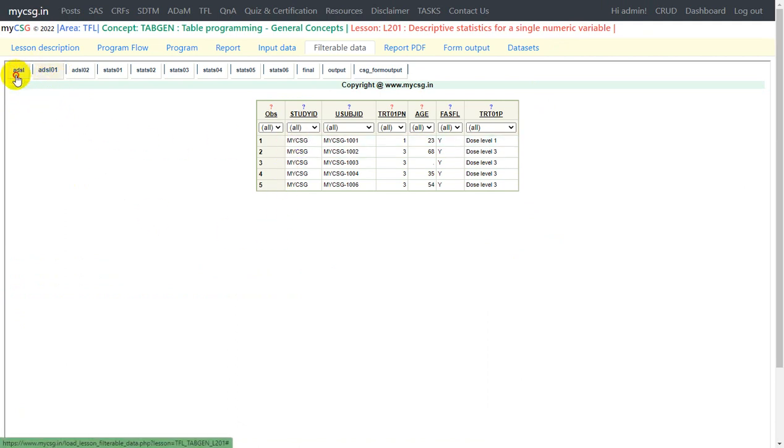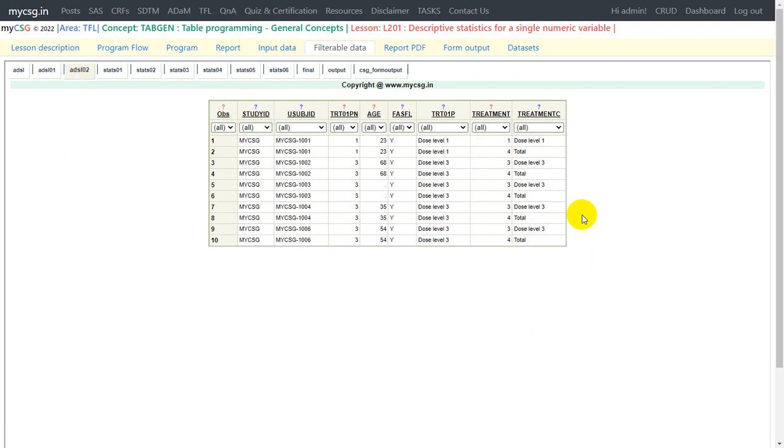All subjects who were present in ADSL had FASFL equal to Y. So when I subset for FASFL equal to Y, I'll still get the same. In the next step, I replicated the rows for each of the subjects so that I can count the subject under the total column. So I had 5 rows in ADSL01.